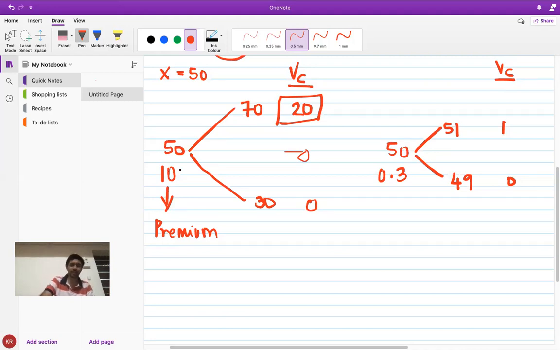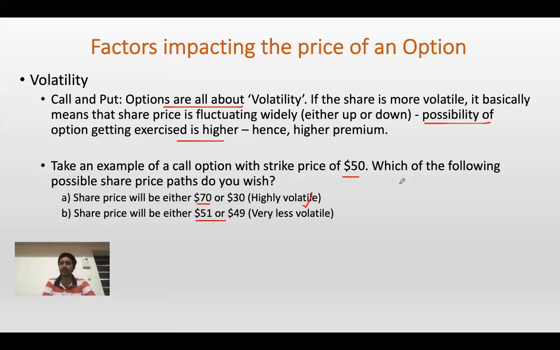It could be some 8 or something like that. So it comes with a higher cost, whereas in this case the expected payoff will be between 0 and 1, say 0.7 or something, and the present value of 0.7 I have assumed to be 0.3. Of course, these are just rough numbers, please don't go by them.